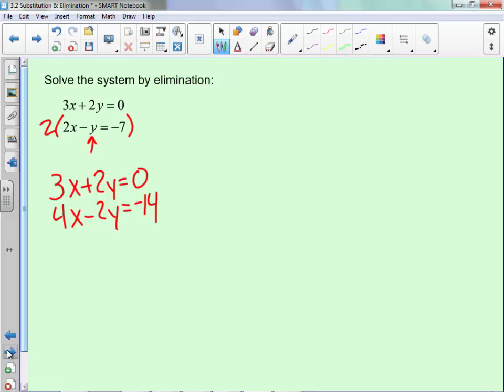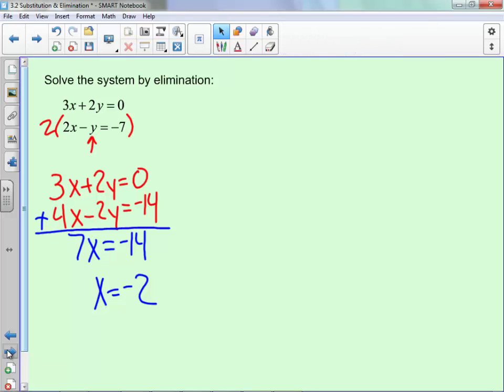Now notice our y's are opposite, so we can add them. And we'll get x equals negative 2. Now we have to figure out our y.